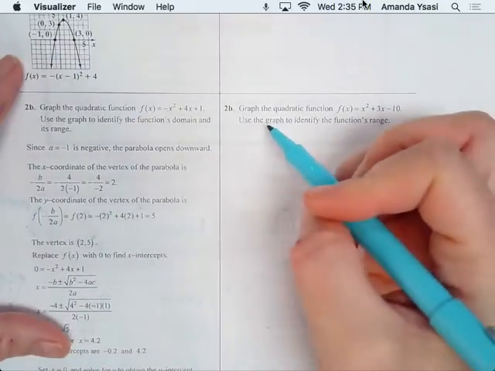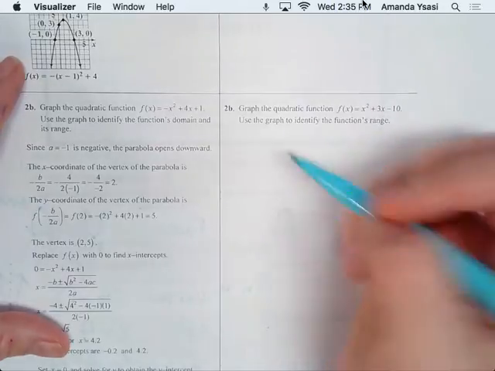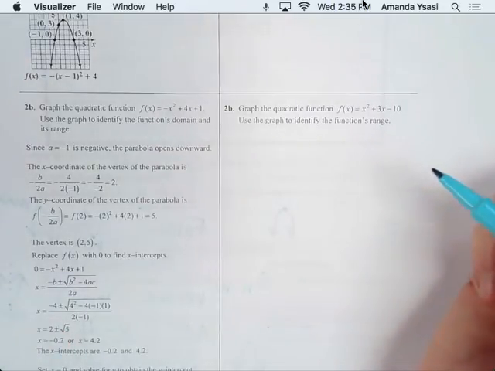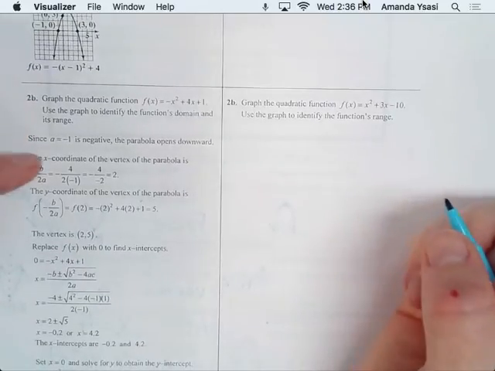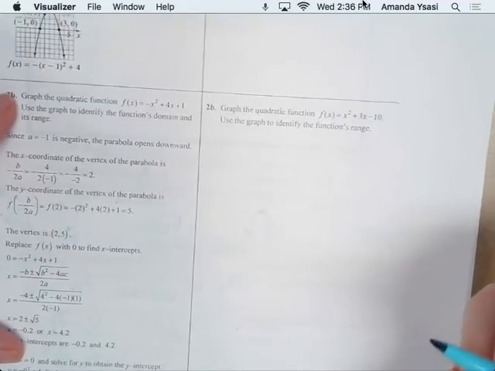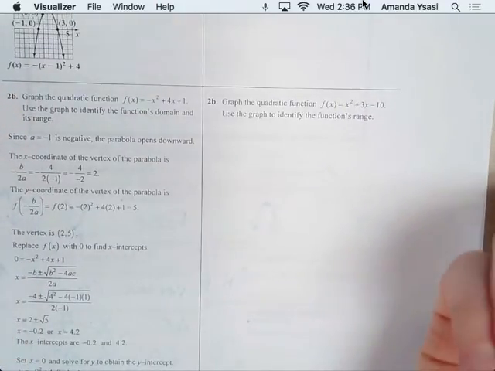Okay, 2b, graph the quadratic function x squared plus 3x minus 10. Use the graph to identify the function. So we can graph this in our calculator, and then we need to find our vertex.